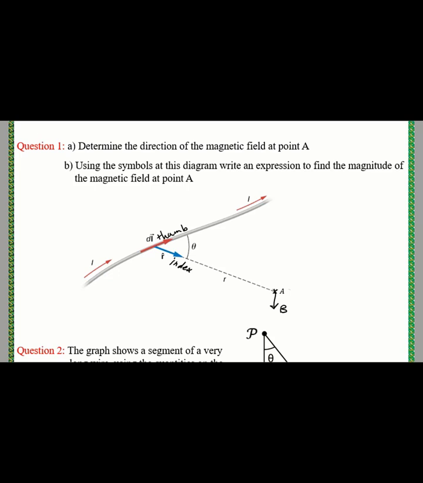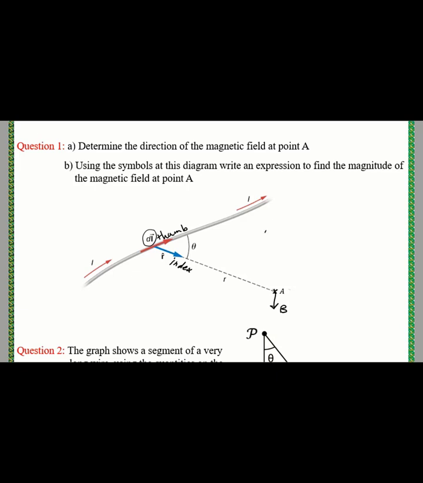Using the symbols in this diagram, write an expression to find the magnitude of the magnetic field at point A. Now, I have dl for the segment of the wire.